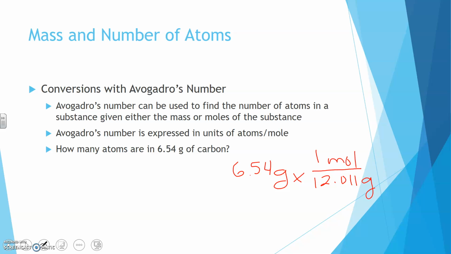So that will convert into moles. And then you can use Avogadro's number of 6.022 times 10 to the 23rd over 1 mole. And that will convert to atoms. So if you do 6.54 divided by 12.011, and then multiply by 6.022 times 10 to the 23rd, you get 3.28 times 10 to the 23rd atoms of carbon. And that's where we're going to end this video, and we'll pick up in the next video.